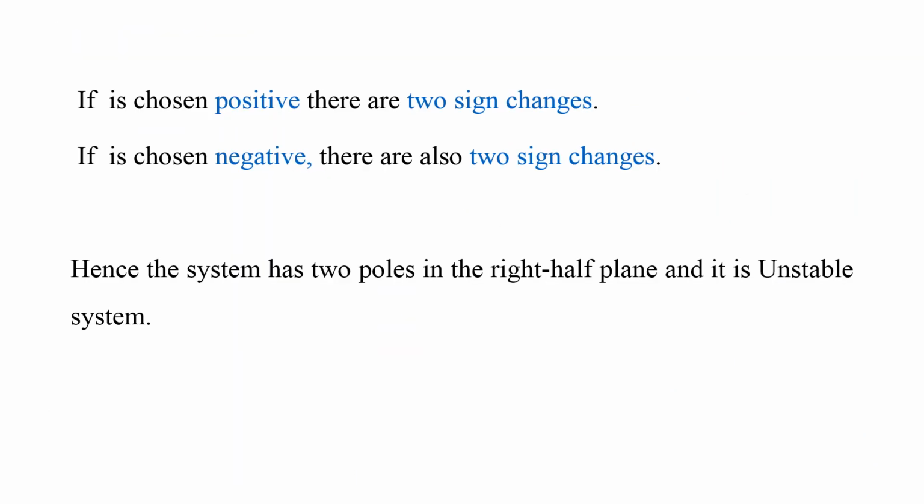The entire procedure is the same, but the only difference is that in place of 0 we have to substitute the small integer epsilon. By considering small integer epsilon, we have to complete the RH table. After completion of the RH table, in place of epsilon, we have to consider the positive as well as negative value. First time consider epsilon as positive, and second time consider epsilon as negative.